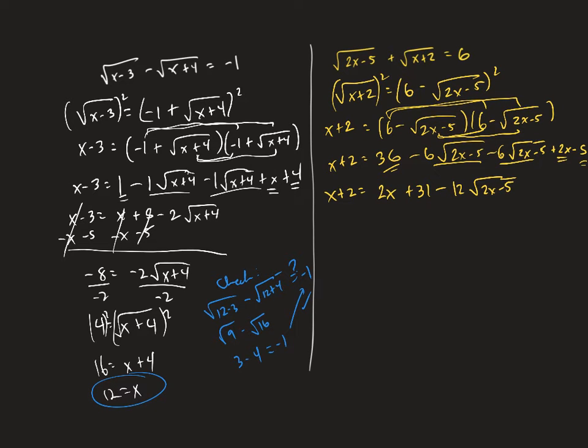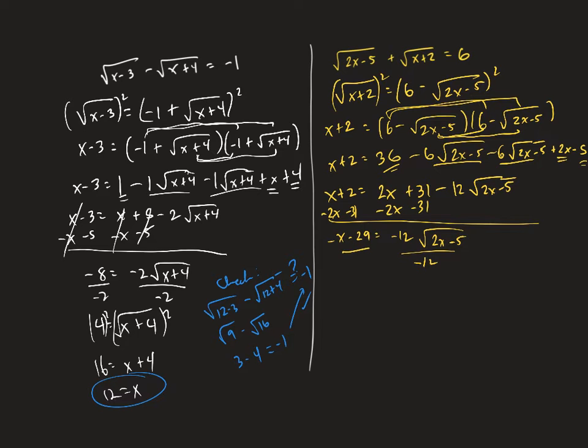Now I've got an equation that has one type of radical in it, so I'm going to work to isolate that. I'm going to divide both sides by negative 12.